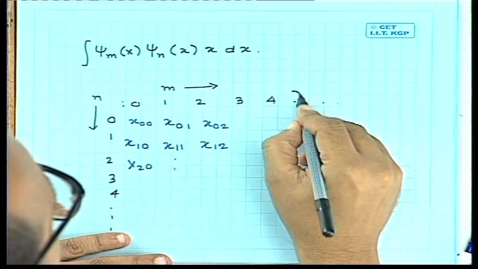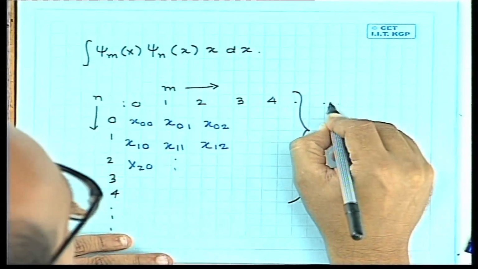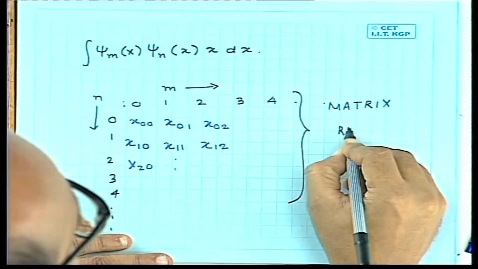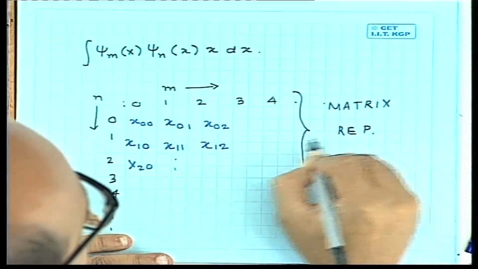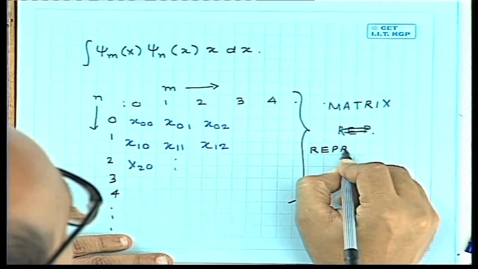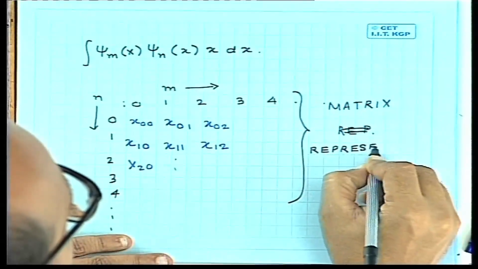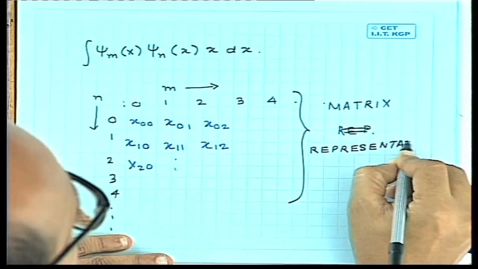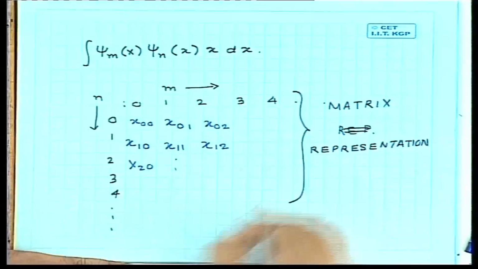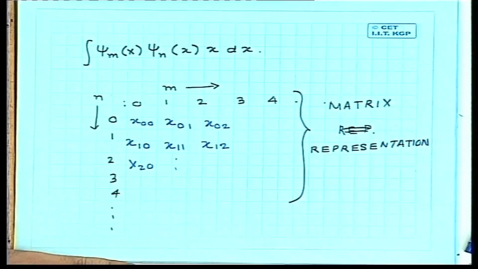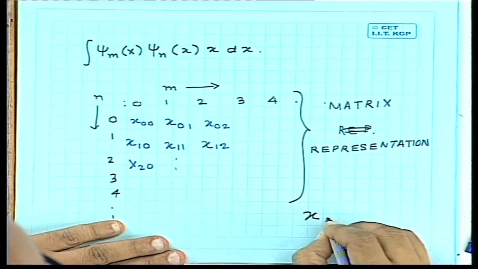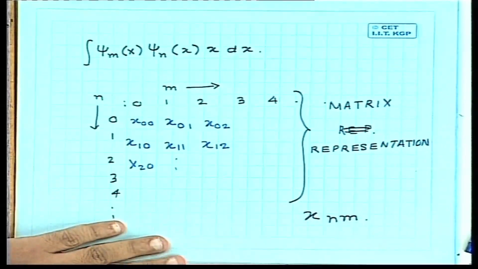So this is called the matrix representation. Let me write it here. This is finally a matrix, and we can denote this matrix as x n m.